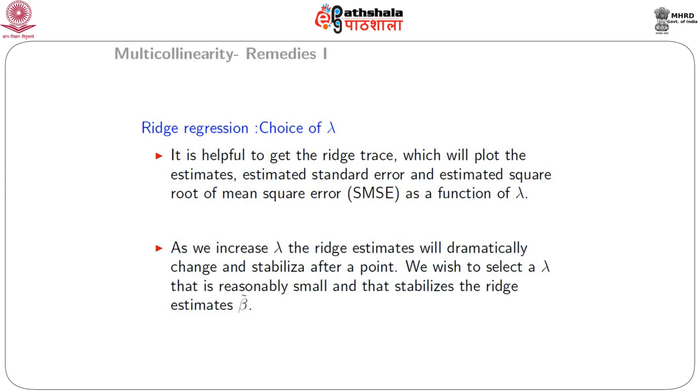In this module, we have mostly learned about the very important technique of removing multicollinearity from a data set, namely the ridge regression technique. This is a technique where we compromise on the unbiasedness of the estimates of our parameters, and in turn we get a biased estimate of the parameter which has a smaller variance.